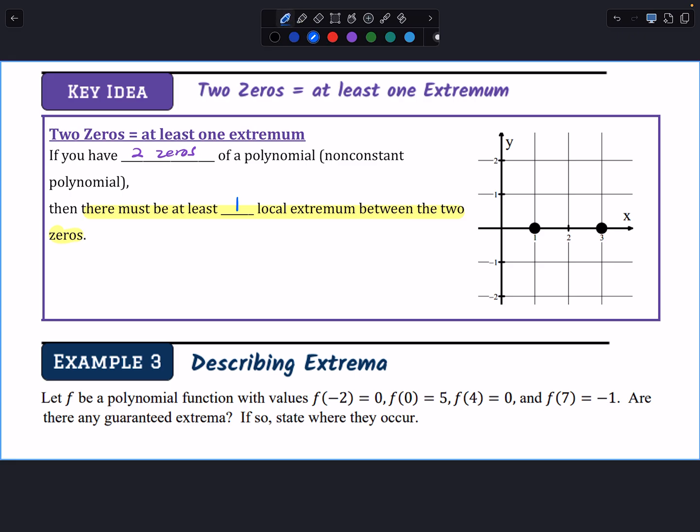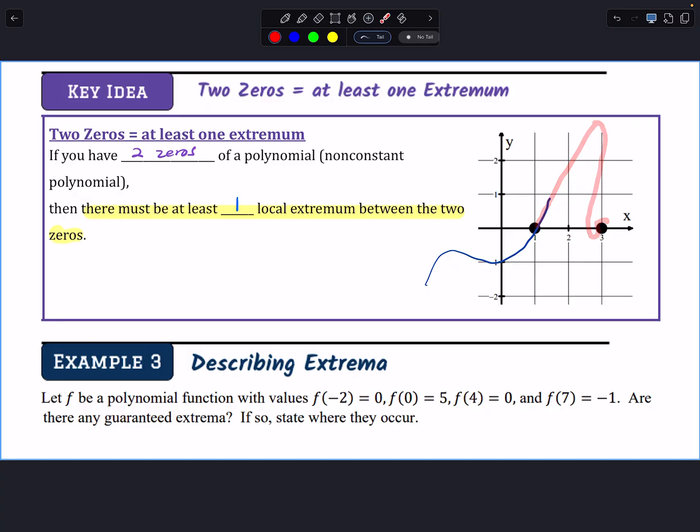So don't draw anything yet, just watch me. If this is a graph I have, so say it goes something like this, and it crosses the x-axis. If this is also a 0, does it make sense that this can't just go up forever? It has to come back down and cross there.